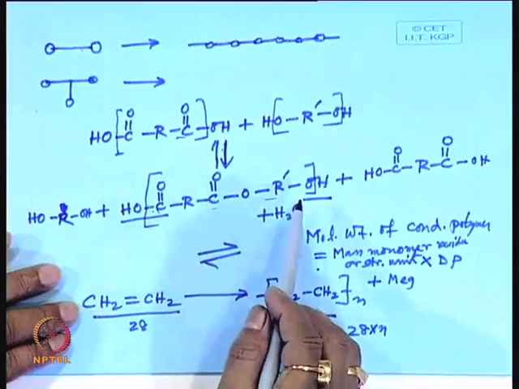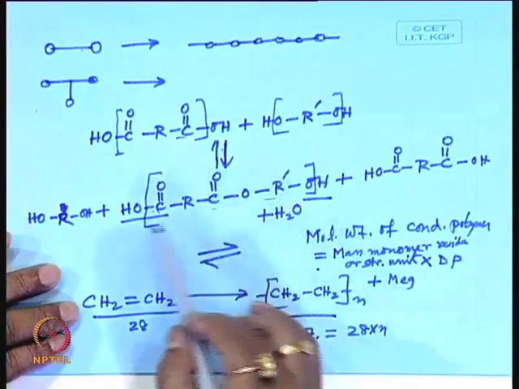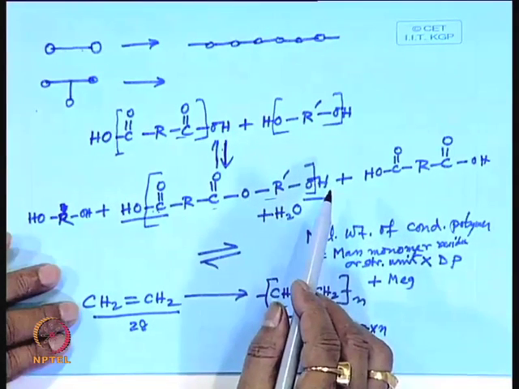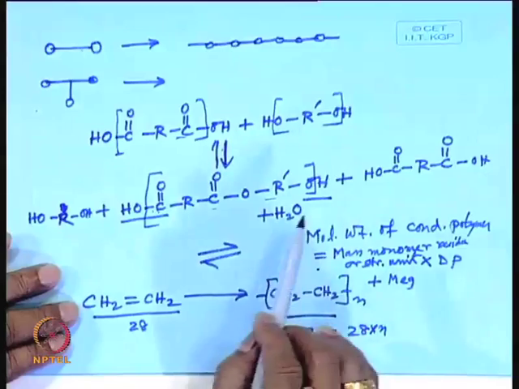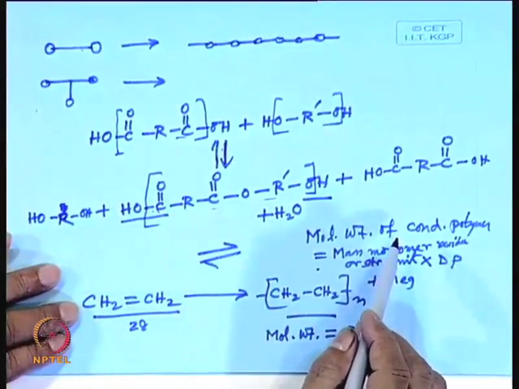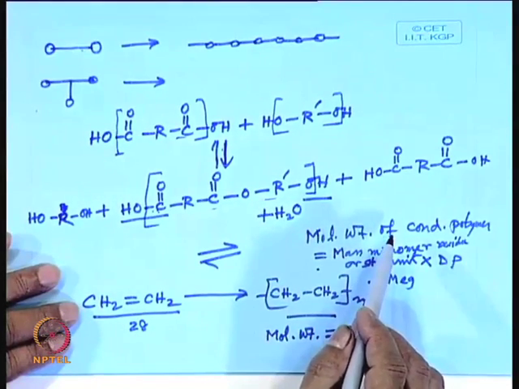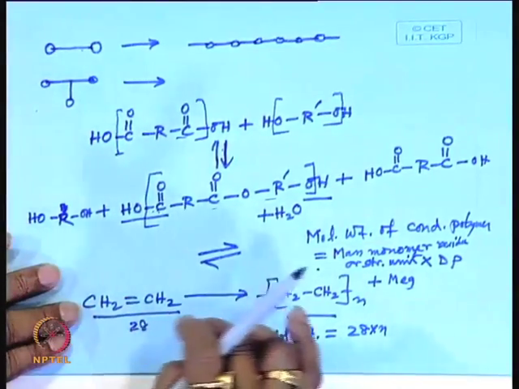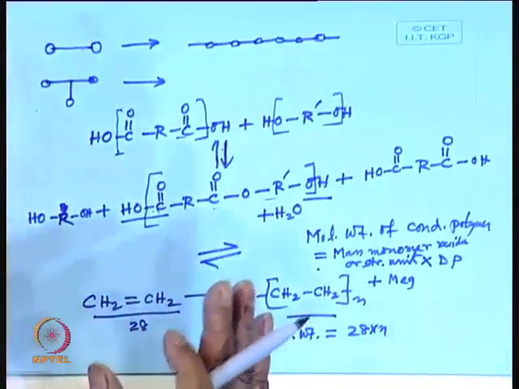If it is a case of polyamide, OH and H, acid and amine. You see, you verify. Sometimes it is HCl, sometimes it will be NaCl, depending on the reactive functional groups present in the monomeric unit.